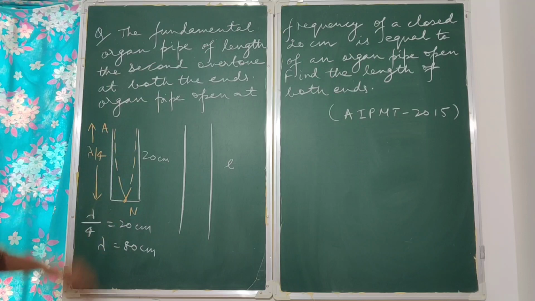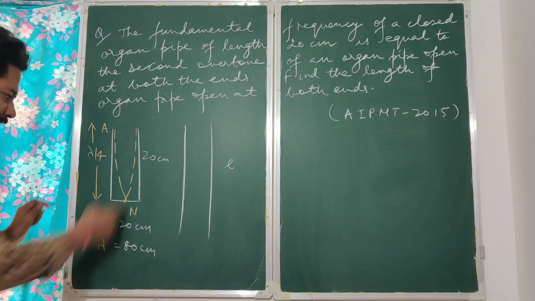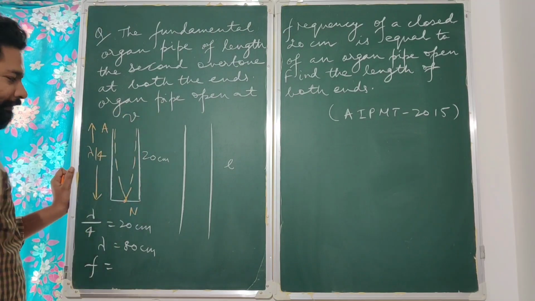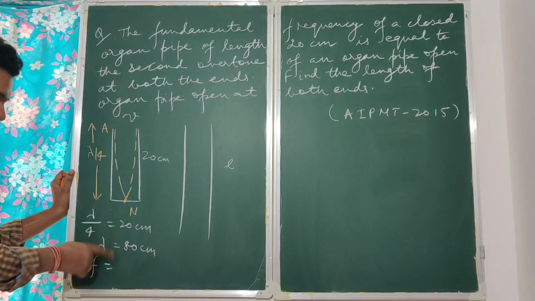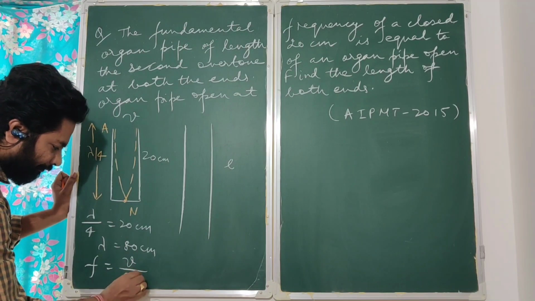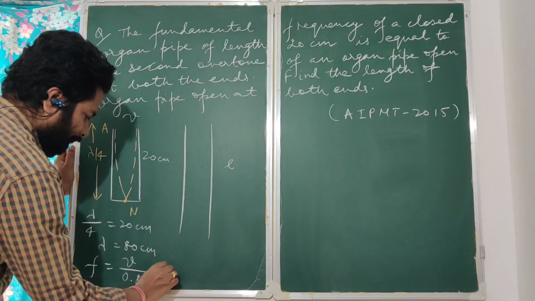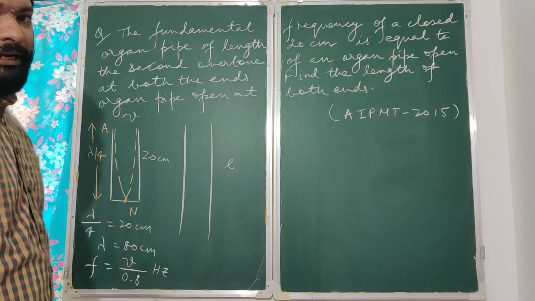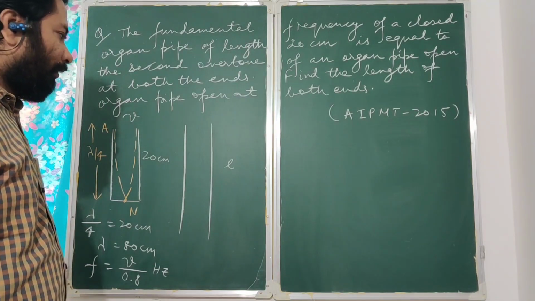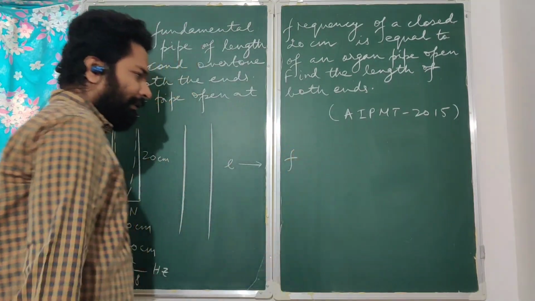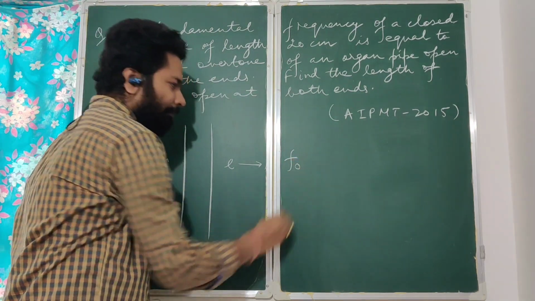Here we are talking about fundamental mode. So what is frequency? V is the velocity of sound in air, then frequency will be velocity by wavelength. So it will become V by 80, which is V by 0.8 hertz. This is equal to second overtone of an organ pipe. So what is general formula to calculate frequency in case of open organ pipe?